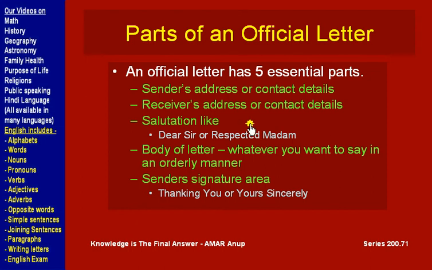Then there is the salutation, like dear sir, respected madam, etc. After that is the body of the letter, where you write whatever you want to say in an orderly manner. And the last one is the sender's signature area, where you write things like thanking you, yours sincerely, yours faithfully, etc. There are a few more parts, but we will talk about all these in detail in the following slides.